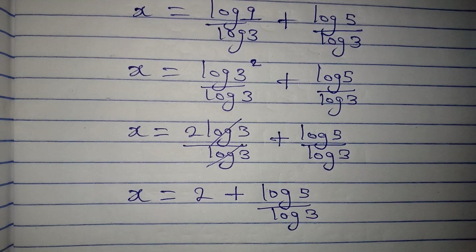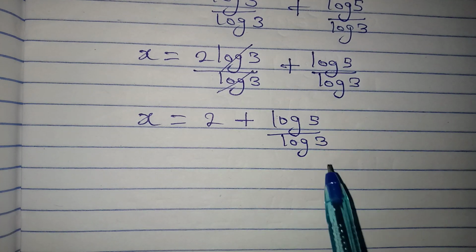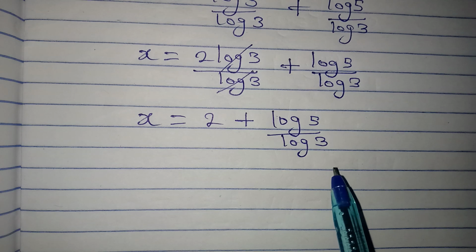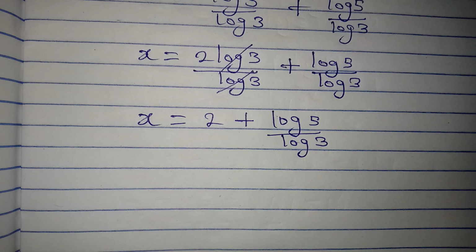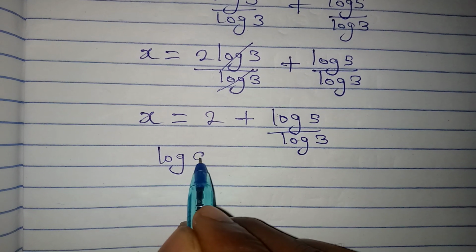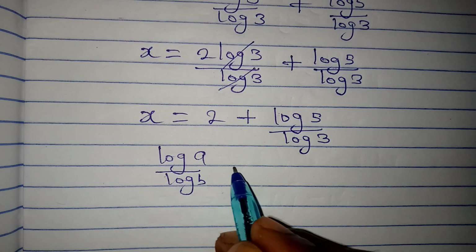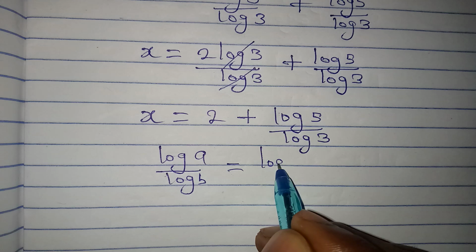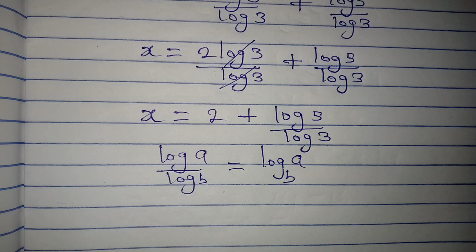Now remember what we were looking for, right? We were told that log 5 to base 3 is 1.46, but from here we can point that out. Remember, log a over log b is the same thing as log a to the base of b.